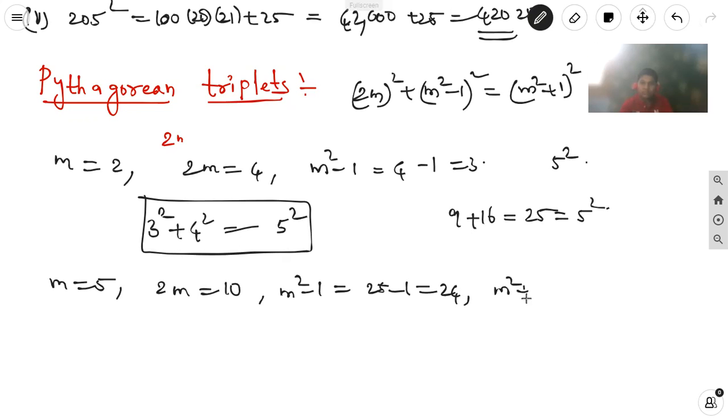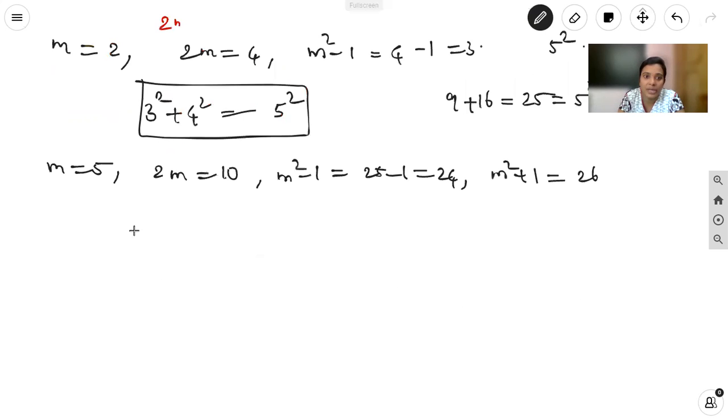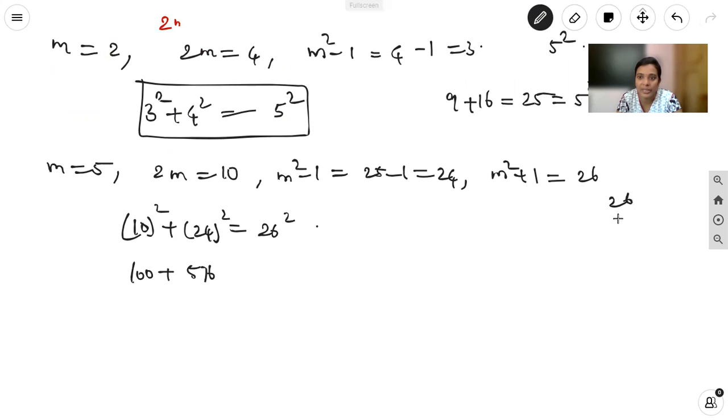Next, m square plus 1 is 25 plus 1, which is 26. Just check it: 10 square plus 24 square equals 26 square. Here, 24 square is 576, plus 100. 26 square means 5 is 25.